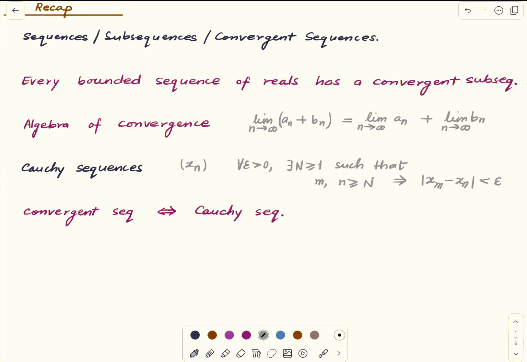So the points of the sequence come closer and closer to each other. That is the idea. And we showed that convergent sequences are exactly the same things as Cauchy sequences. Okay, so with that, we can proceed.